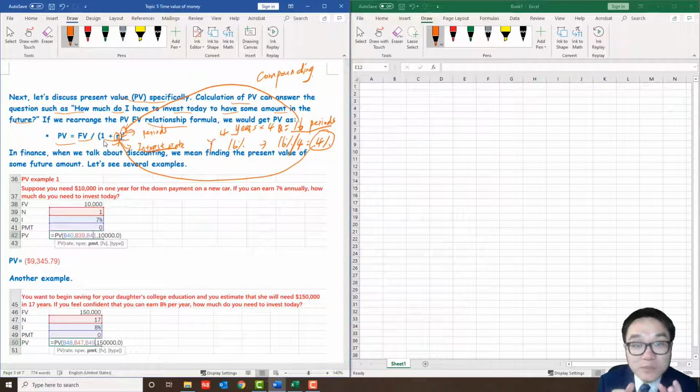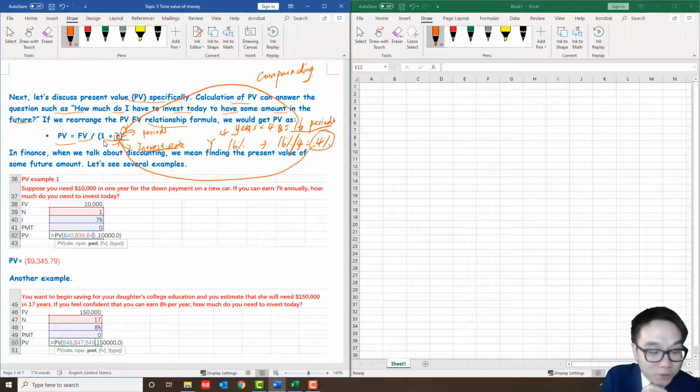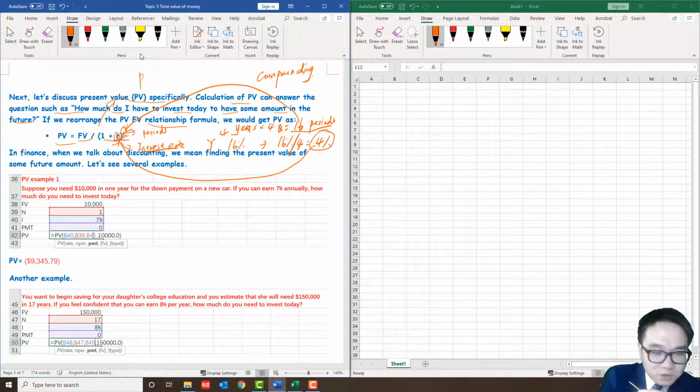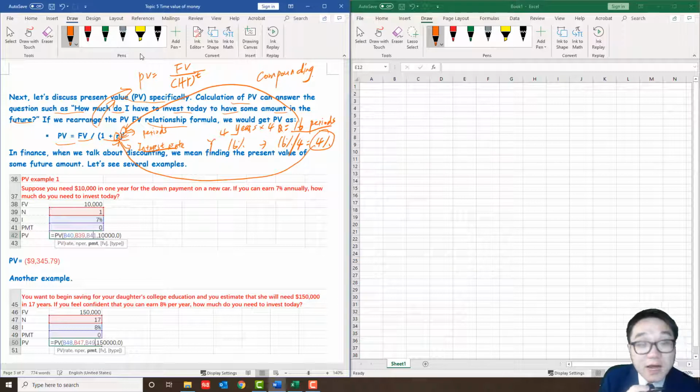A lot of times students make mistakes by inputting R as yearly interest rate, but T as quarterly periods. You're not matching them. They are not consistent. Therefore, you get a wrong answer. So here we say PV is going to equal FV divided by (1 plus R) to the power of T. That's basically what this formula is telling you.